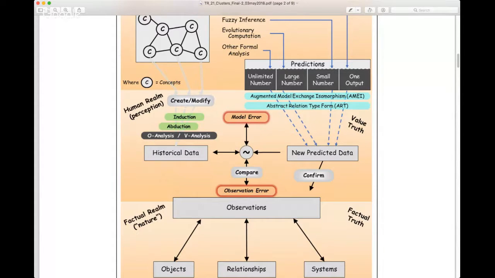So when people make a decision to translate from the human realm to the model realm, the key factor there is formal truth, okay? Because formal truth is required in the formal realm.